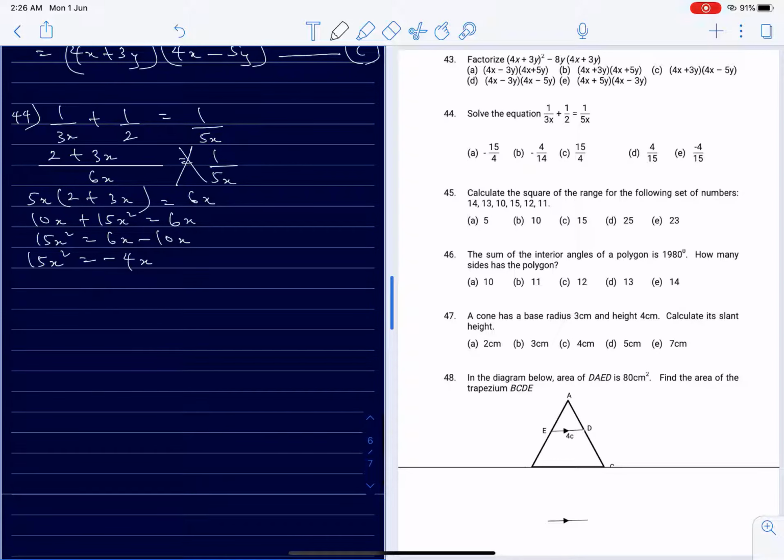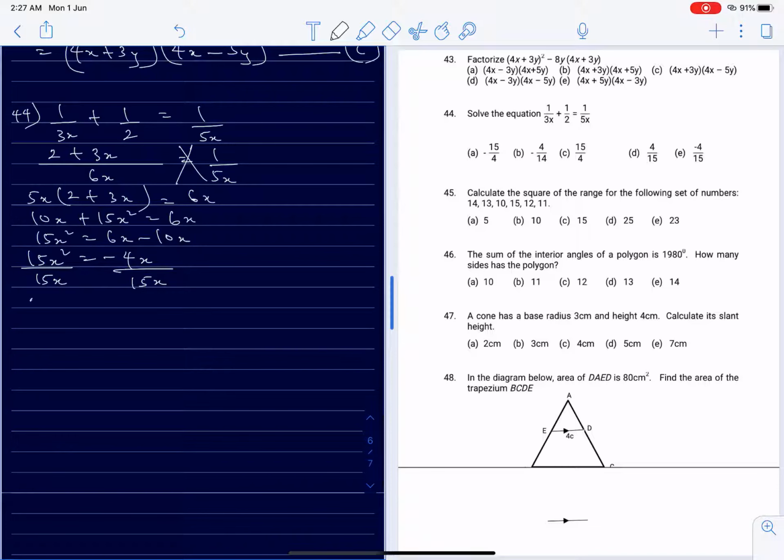Now what do we do to get x? We divide both sides by 15x. So that means x equals minus 4 over 15. And the correct option is minus 4 over 15. The correct option is E.